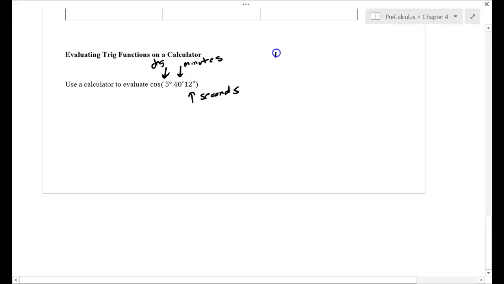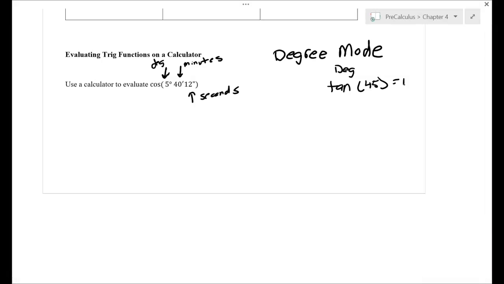And make sure your calculator is in degree mode. You should see a little DEG on your screen. Or if you punch in tangent of 45, you should get 1. That's how you're going to test your calculator to make sure it's in the correct mode.